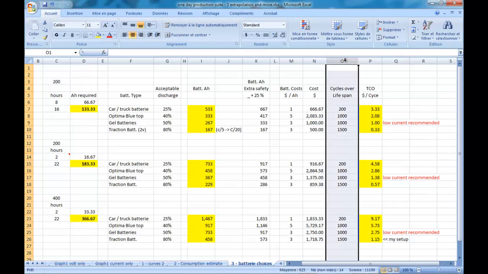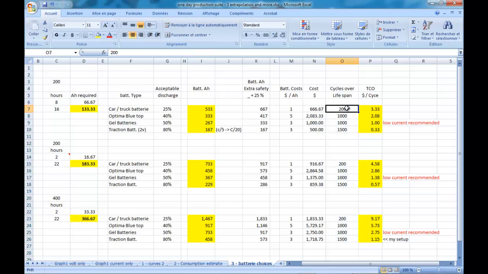However, the lifespan of those batteries is quite different. These starter batteries are good for 200 cycles. The Optima Bluetop is about 1000 cycles, the gel battery 1000, and the traction battery is about 1500 cycles.